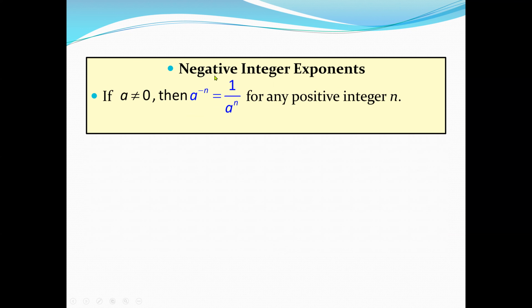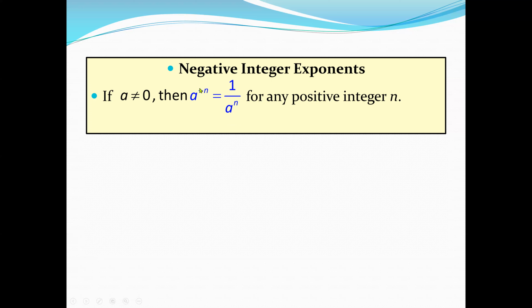Next, we go to the negative integer exponents. So here we say that if a is not equal to 0, then a raised to the power negative n, where n can be any value except 0, will be 1 over a to the power n.